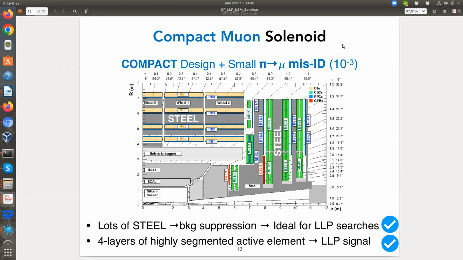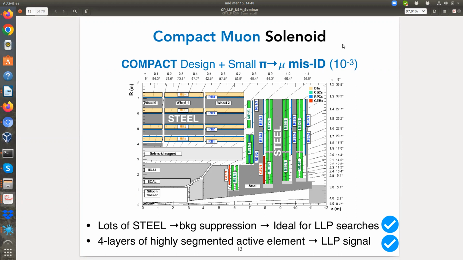But this is basically a projection of the CMS experiment, and I decided to keep this one because it's important for the experimental signature. The name of the experiment is the Compact Muon Solenoid, because we are very good at detecting muons. That's why it was designed, and it has to do with this 4 Tesla solenoid field.